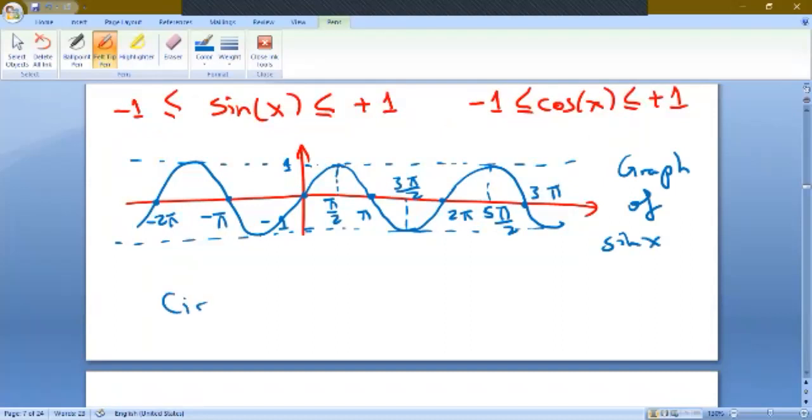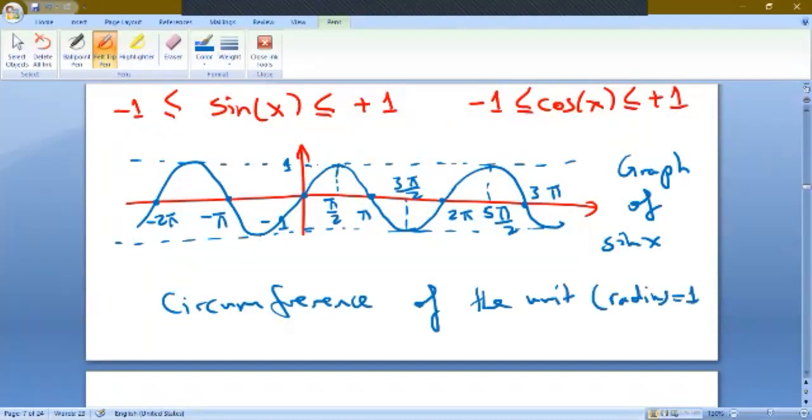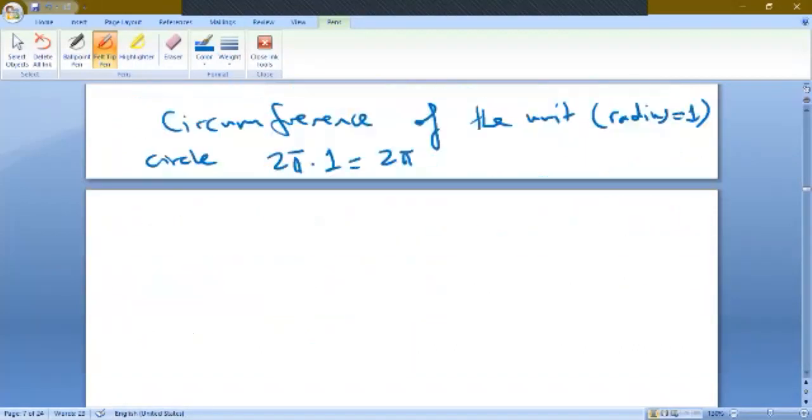So remember, the circumference of the unit circle, unit means radius 1, is what? 2 pi times 1, which is 2 pi. So that corresponds to a full rotation. A full rotation, 360 degrees, corresponds to 2 pi.